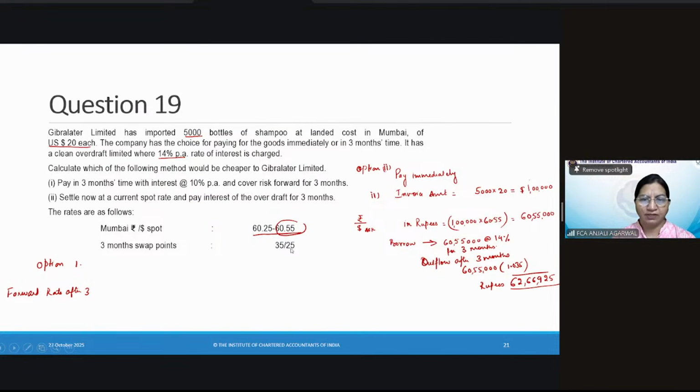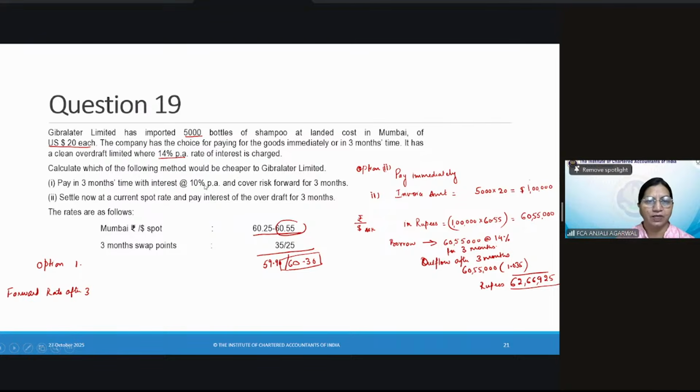35 and 25 are the swap points. They are decreasing. So what would be the forward rate? The applicable forward rate would be 60.30. But what will be the problem? If you make the payment after 3 months, the vendor will charge you 10% per annum. So it's not 1 lakh.